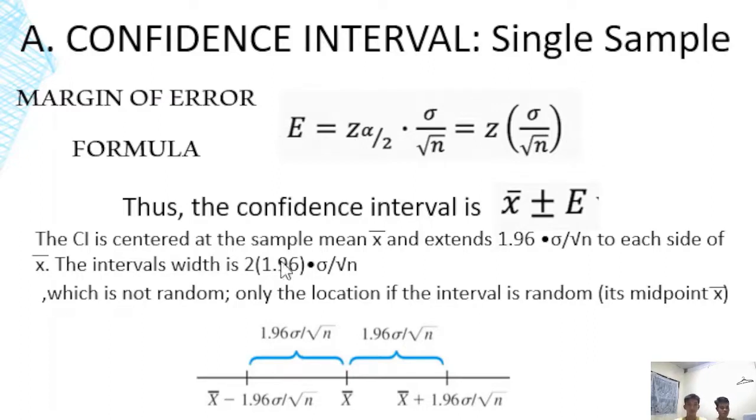The formula for margin of error is calculated by multiplying a critical factor for a certain confidence level with the population standard deviation, and then the result is divided by the square root of the number of observations in the sample.